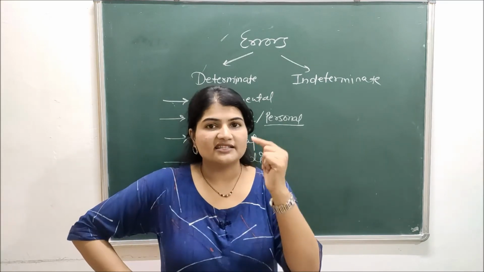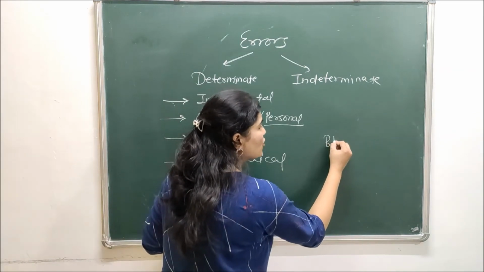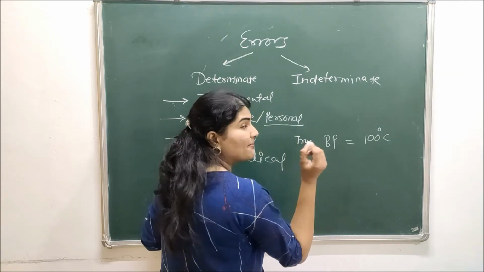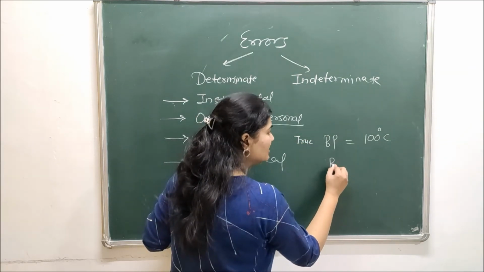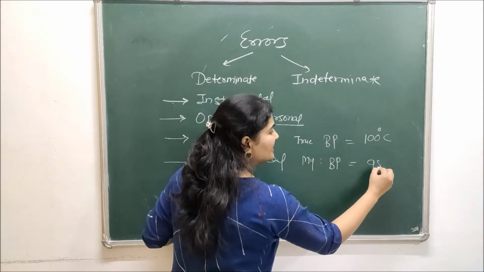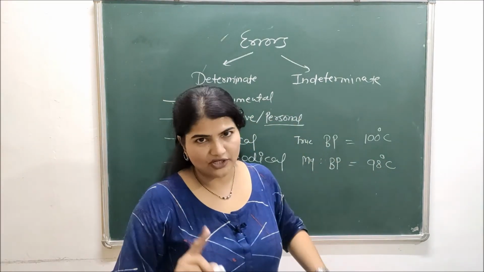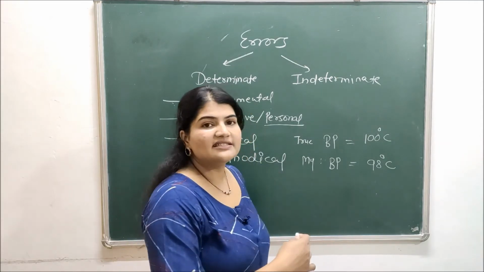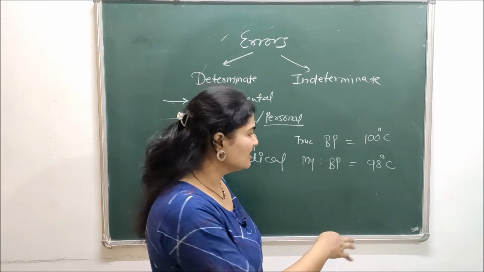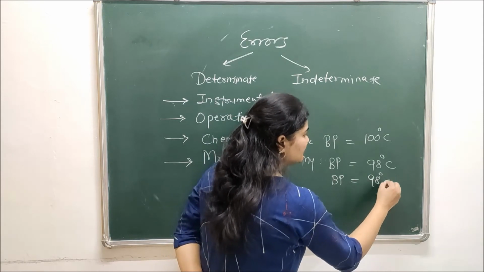Now we have to understand one very basic point here. If the boiling point of water is 100 degrees centigrade, this is the true value. My result, my measurement of the boiling point of water, comes to 98 degrees centigrade. You can easily see that the result is not at all accurate. Now what is happening is, whenever I am carrying out the same experiment, every time my boiling point for water comes 98 degrees centigrade.